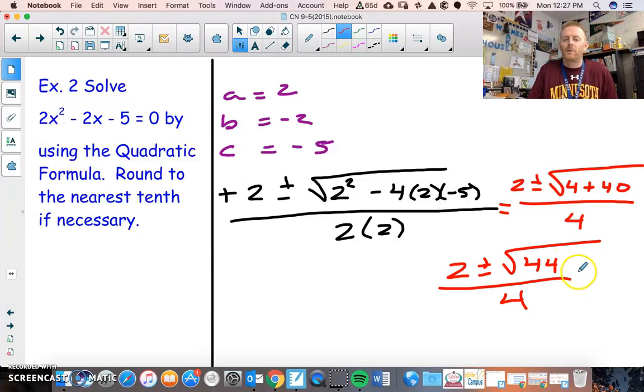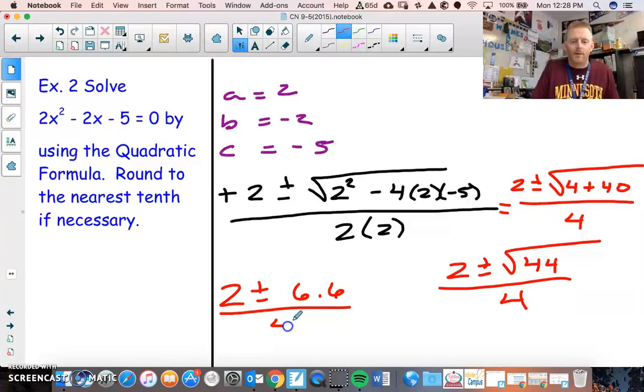Now the square root of 44 is not a very nice number, so we take the square root on our calculator of 44. It gets us a, you can't read this, but it says 6.6. So I'm going to have a 2 plus or minus a 6.6 and then divided by 4.